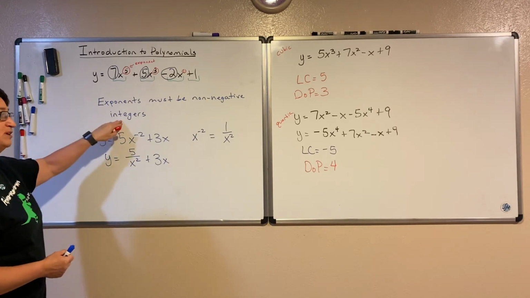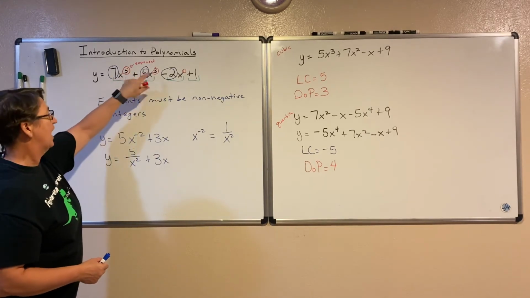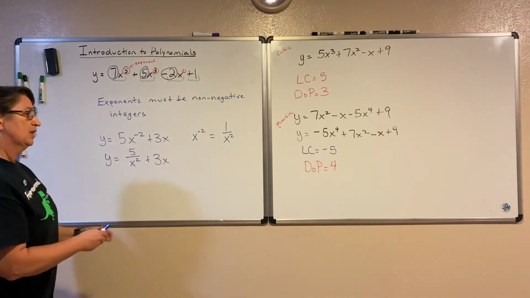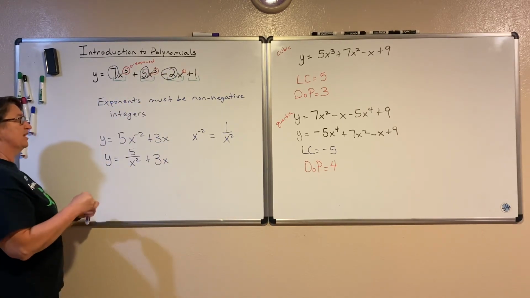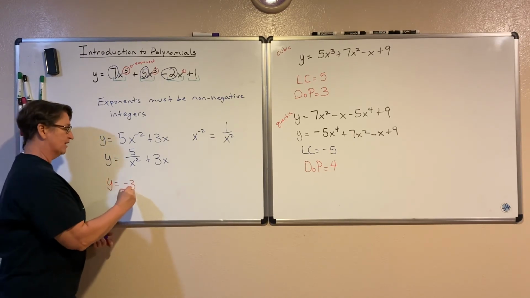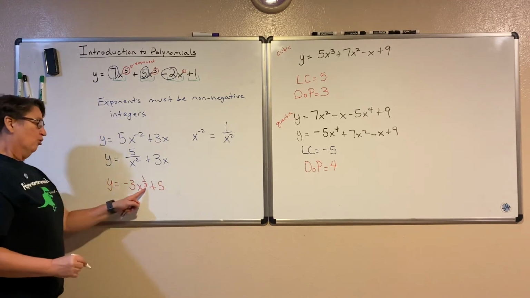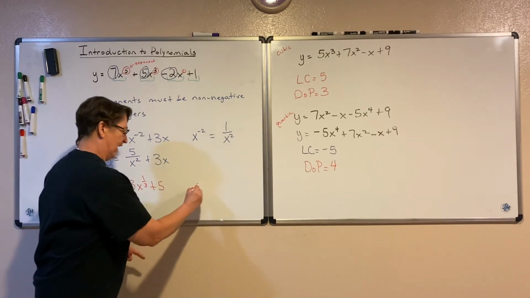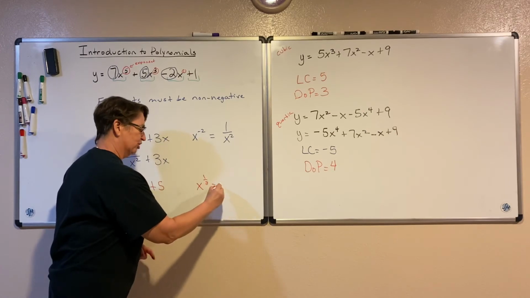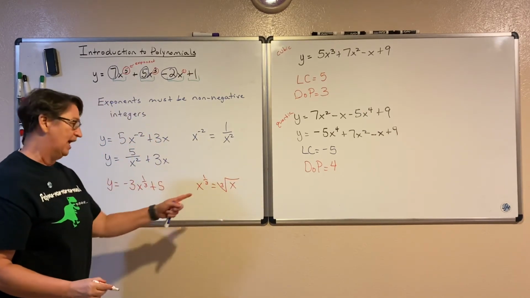Then they also must be integers. In other words, whole numbers, like this 5, this 3, this 1. Let me give you an example of one that is not an integer. If I have y equals negative 3x to the 1/3 plus 5. Remember that this 1/3, x to the 1/3 power, can be rewritten as the cubed root of x.